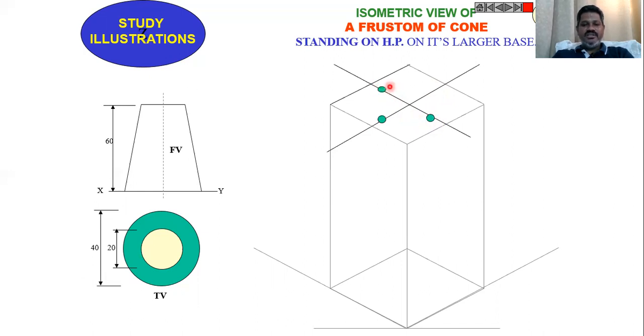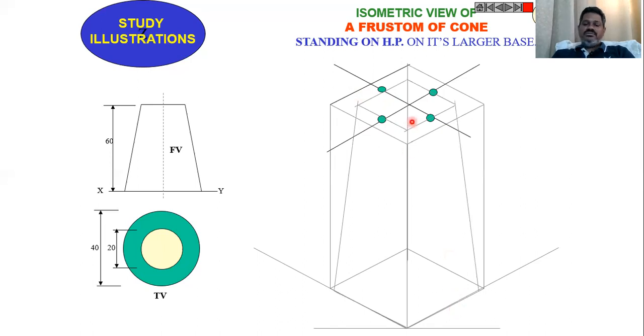The distance between the points should be 20 millimeters, such that you locate 4 points. Then draw a rhombus for a length of 20 millimeters like this. Then join the corners of the top rhombus to the bottom rhombus like this.